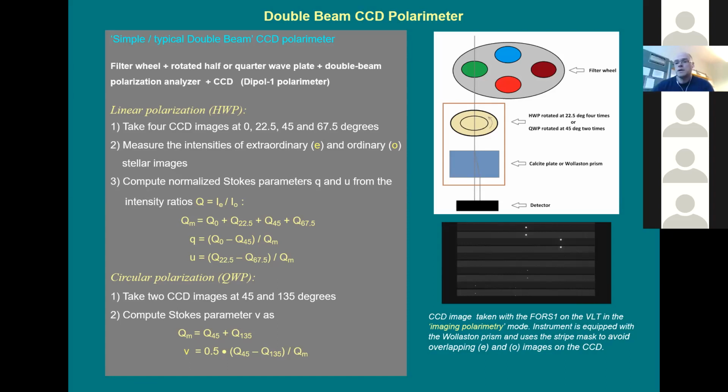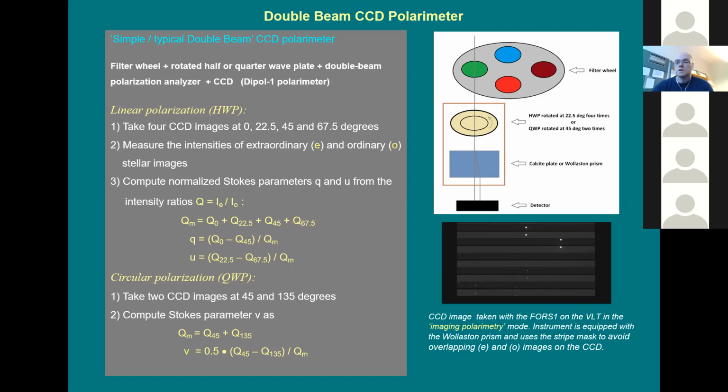What is the main advantage of such an instrument is, of course, the dual image, because you use a double beam polarization analyzer. Both orthogonally polarized images are recorded simultaneously on the same detector, and the ratio which is used to compute polarization is not affected by any changes in atmospheric transparency and seeing.